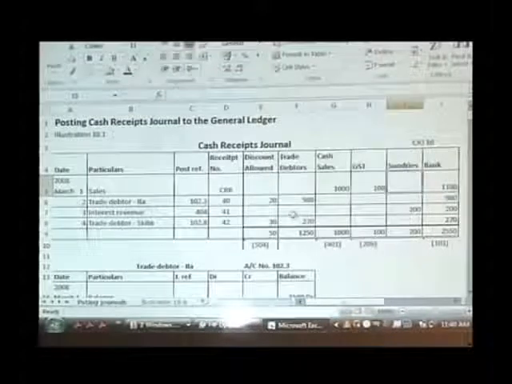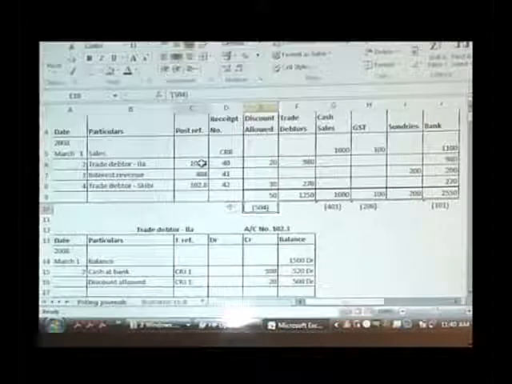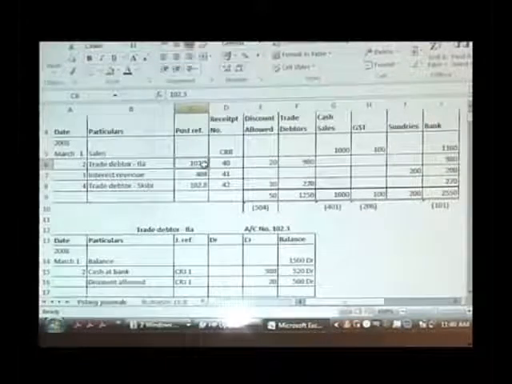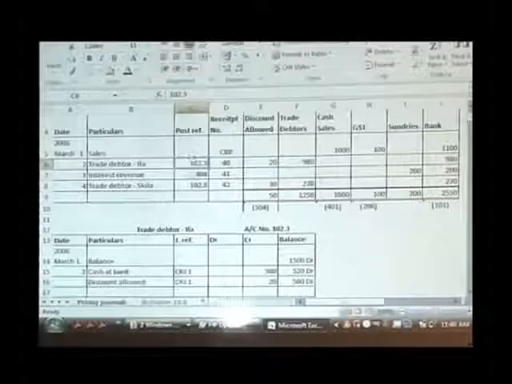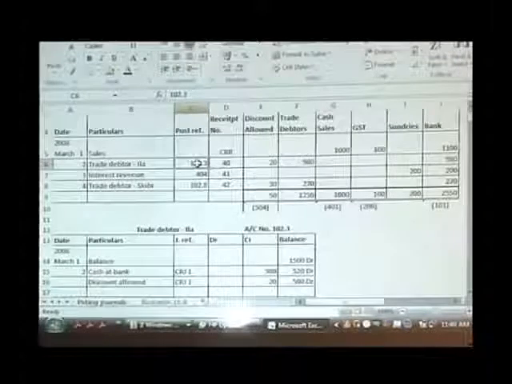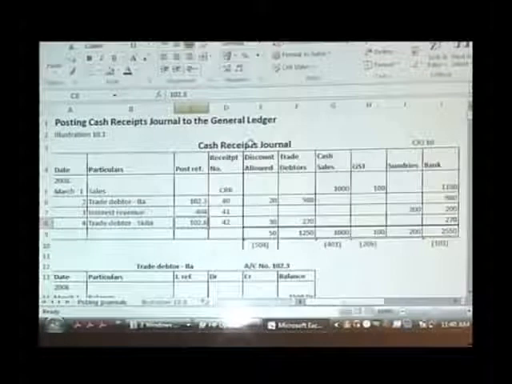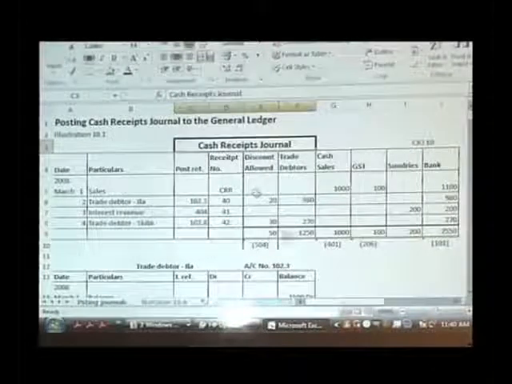So look carefully at the way it is done. This post reference is very practical, and once you enter the account number here, this means you have completed the posting. Otherwise, if you leave it blank, that means this journal, the cash receipts journal, has not been posted.